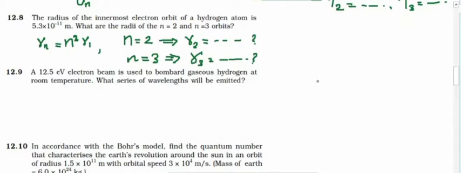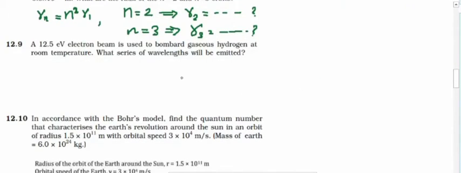Then next, question 9. A 12.5 electron volt electron beam is used to bombard gaseous hydrogen at room temperature. What series of wavelengths will be emitted? So here already we know the ground state of hydrogen atom having an energy minus 13.6 electron volt.